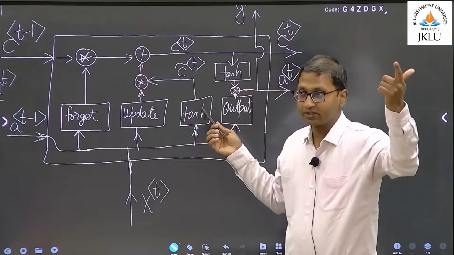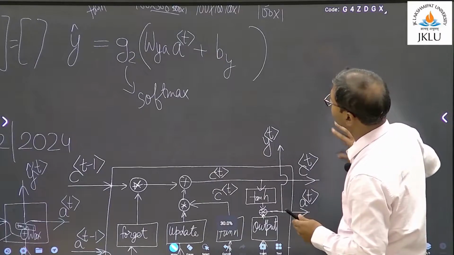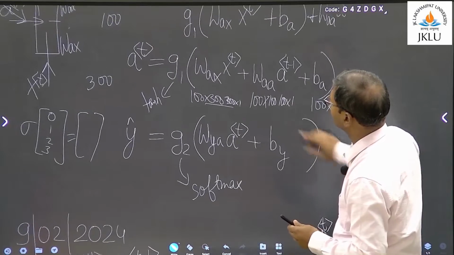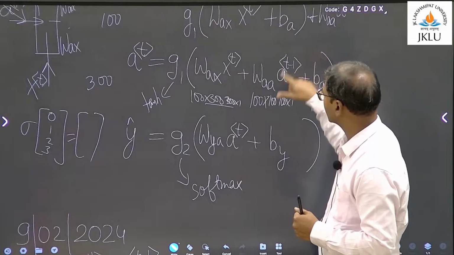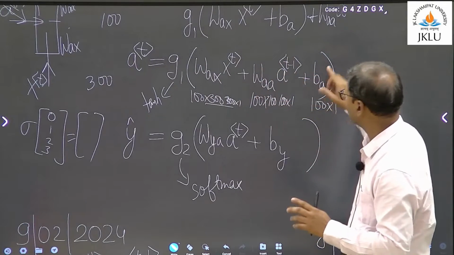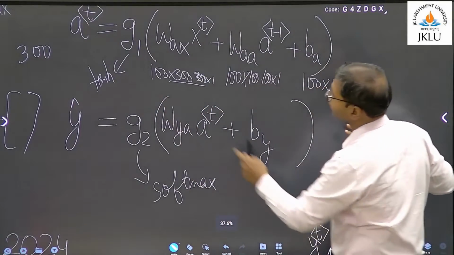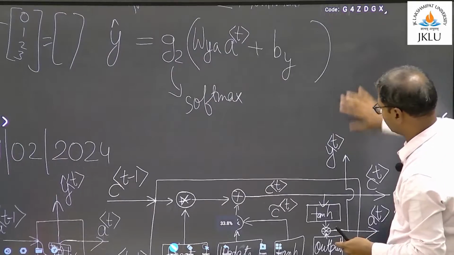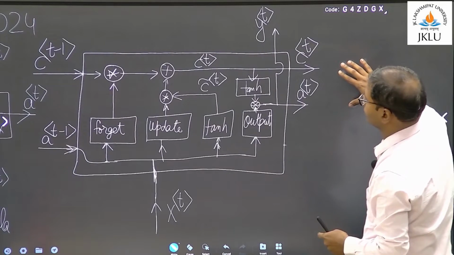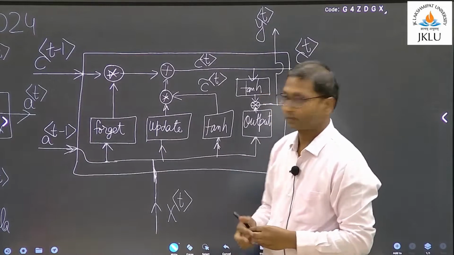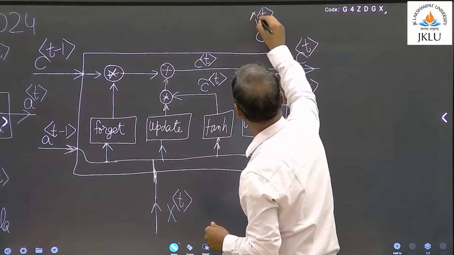This is our first equation. So x gets multiplied with WAX, a t minus 1 gets multiplied with WAA, and then you take g1, which is basically tanh, and we come back here. So this is our output, y hat here, not y.